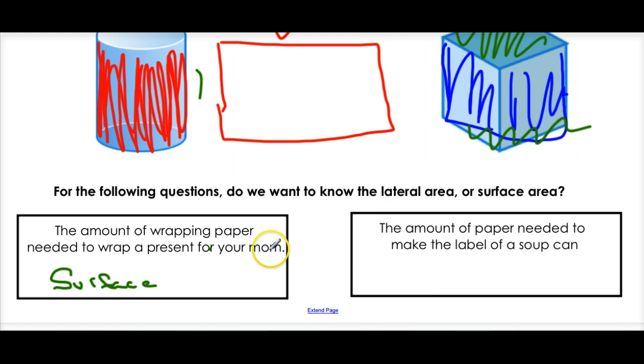If she could see the tops and bottoms, then I didn't really cover it up. The second one is the amount of paper needed to make a label for a soup can. As you know, the label of a soup can only goes around the side. So that would be a question where I need to know the lateral area, because I just need the area of the sides.